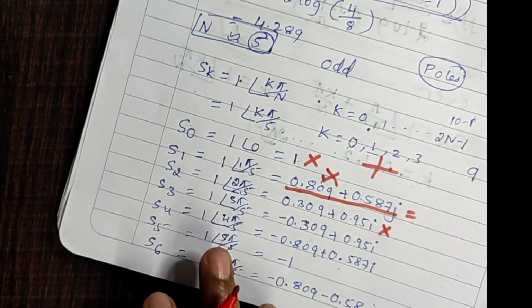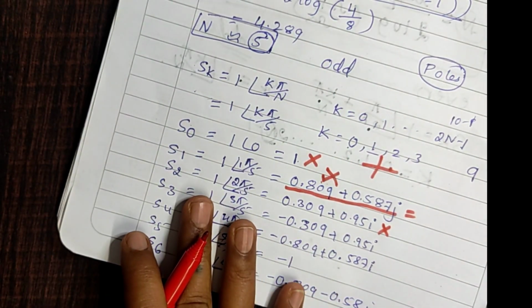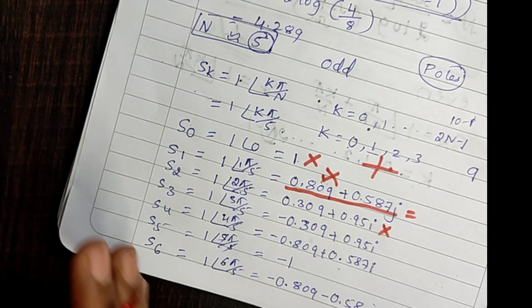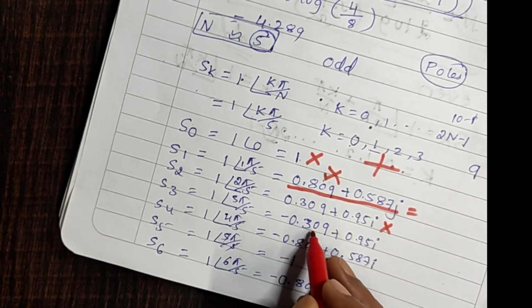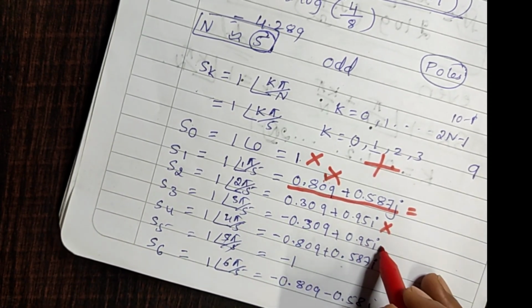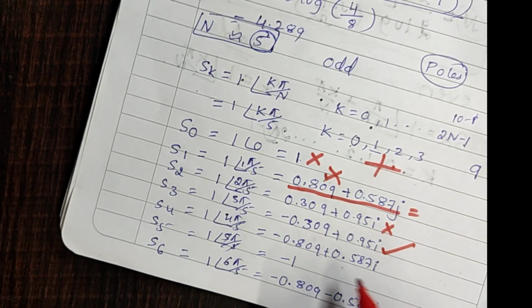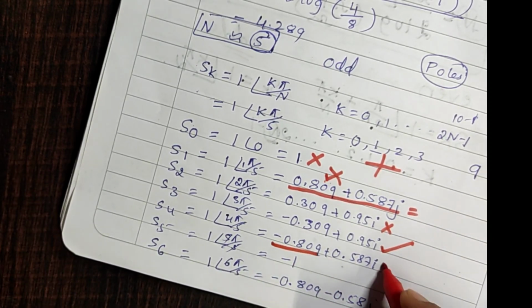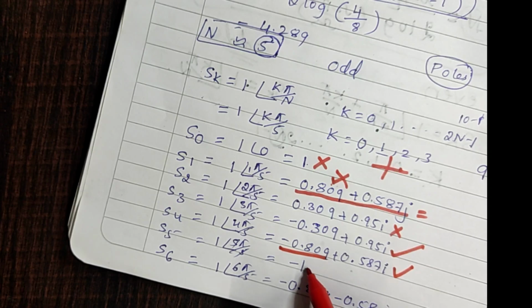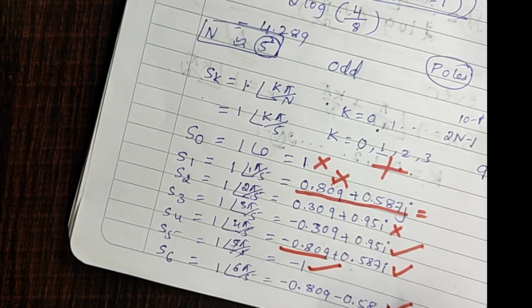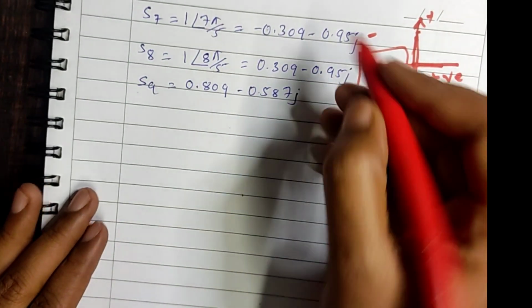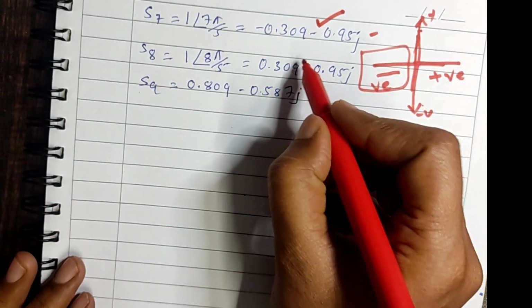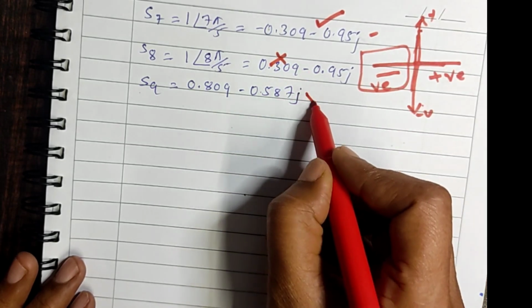Among these, the poles which are negative, or lie on the left side of the S plane, we need to consider. So this is minus 0.309, which lies on the left side of the S plane, and minus 0.809 also lies on the left side. S7 also lies there; S8 is positive, and this is also positive.